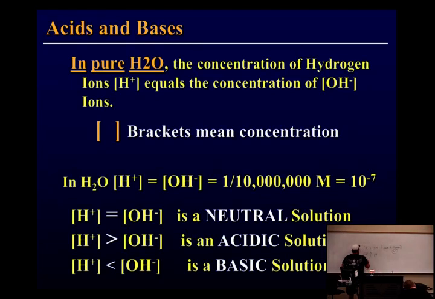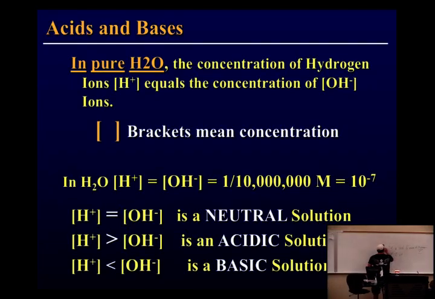Right. So increasing hydrogens makes something acidic, decreasing hydrogens makes something basic, but it's actually the concentration of the H pluses in the solution that determines the pH, the acidity or the alkalinity, the basicness of the solution.